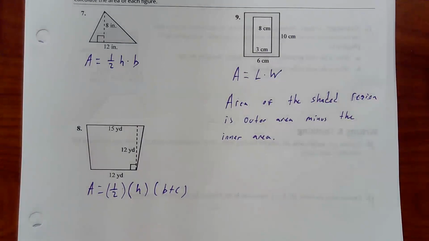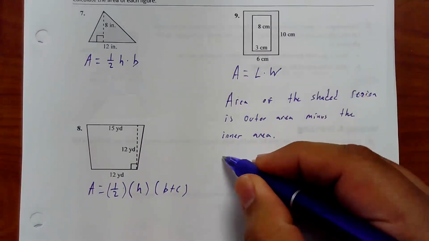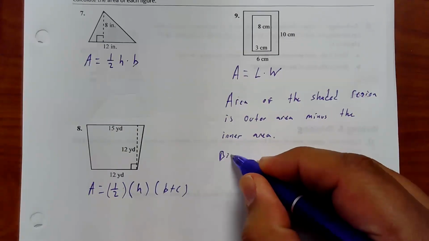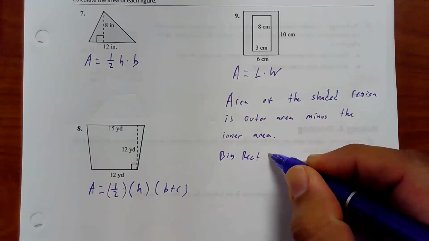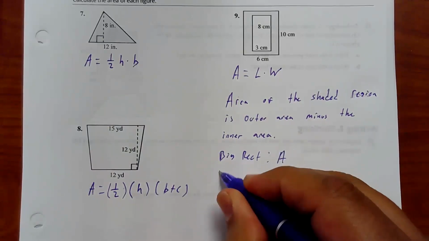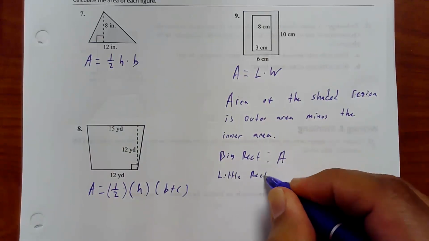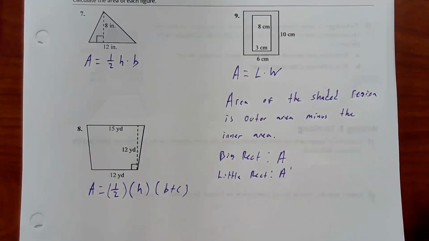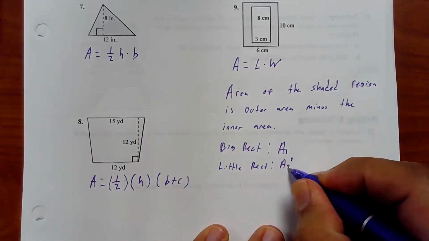What would you do? Let's call the big one A1 and the little rectangle A2.